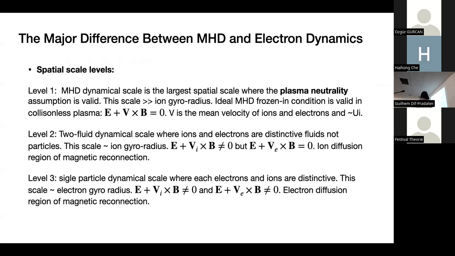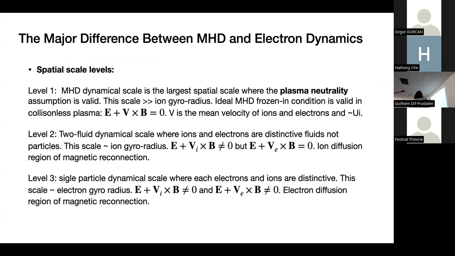What does it mean? If this assumption has to hold, it means MHD doesn't couple with the Poisson equation, because there is no charge separation on the MHD scale.